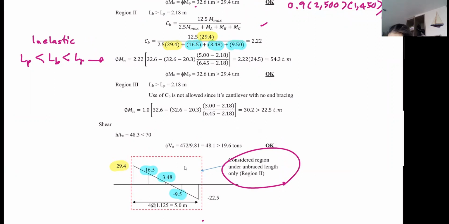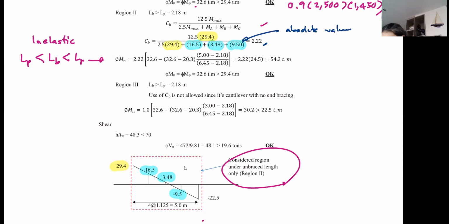You even have the example here to show that we only care about the absolute value. And we got 2.22 for CB. It's like a 120% increase because of the double curvature.